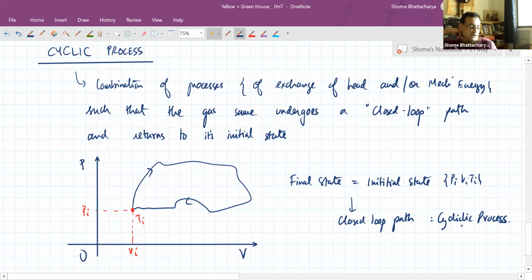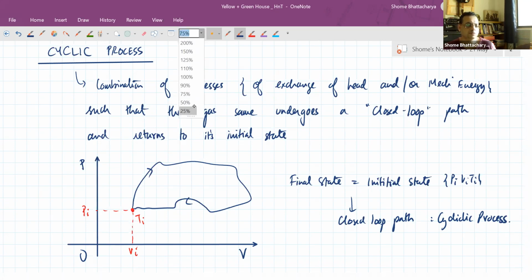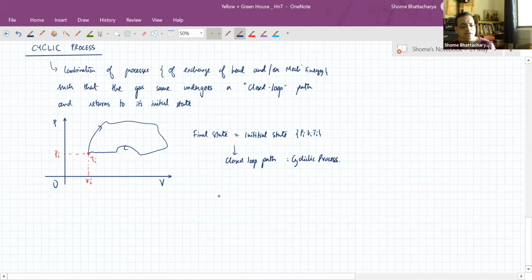In mechanics, in work energy, you'll remember we call this type of a path as a closed path. The work done in a closed path is zero for conservative forces. It is non-zero for non-conservative forces. Here we call it a cyclic process. So now something that is obvious about the cyclic process is that the change in internal energy during the cycle will be zero, because internal energy is a state function.